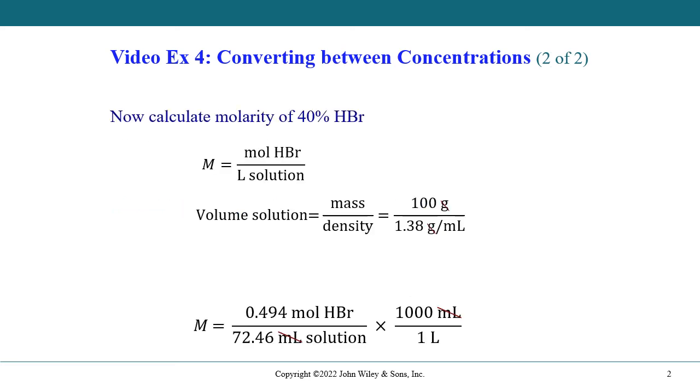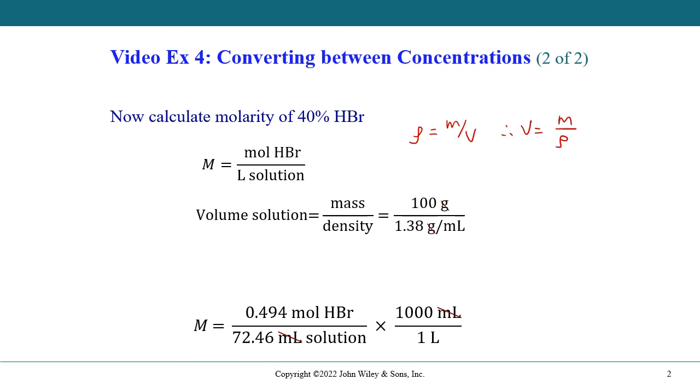Now in order to calculate molarity, we need the density. We can calculate the molarity using the fact that molarity is moles per liter of solution. The volume of the solution can be calculated using the density. Remember, density equals mass divided by volume, so volume is equal to mass divided by density.